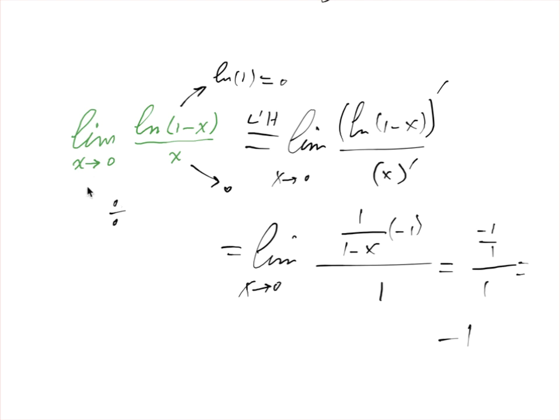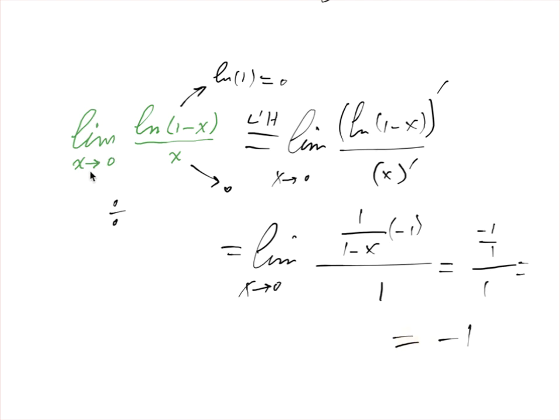And here, whether x goes from the left or from the right, it's still negative 1. If x goes to 0 from the right, the denominator is positive, and 1 minus x is less than 1, because x is positive, you're subtracting from 1. ln of a number less than 1 is negative, over positive will give you negative.